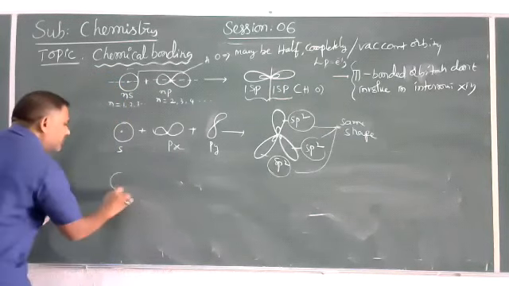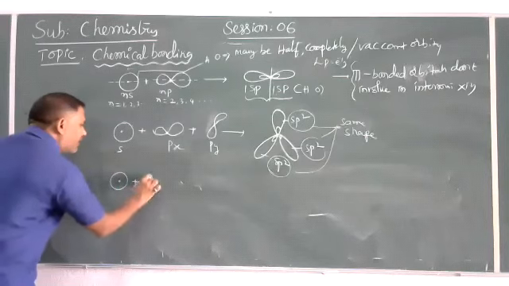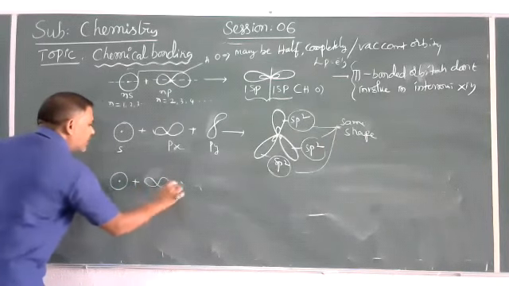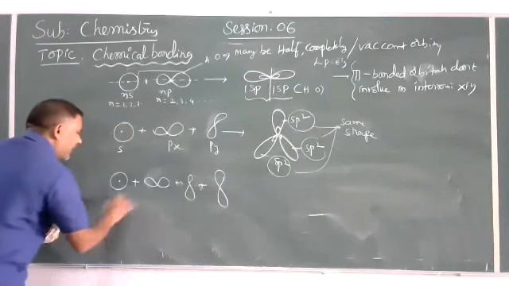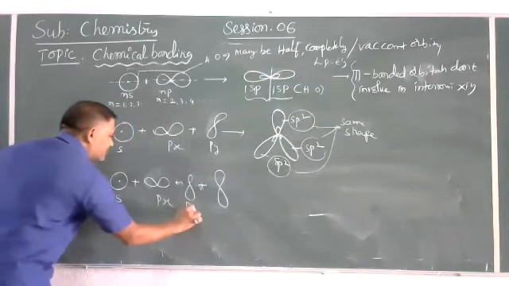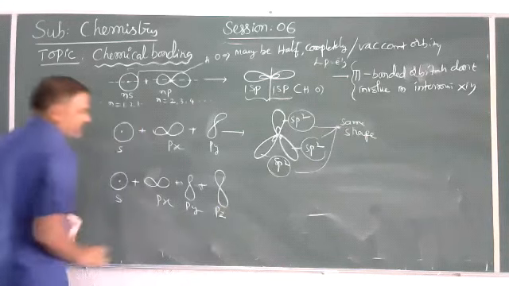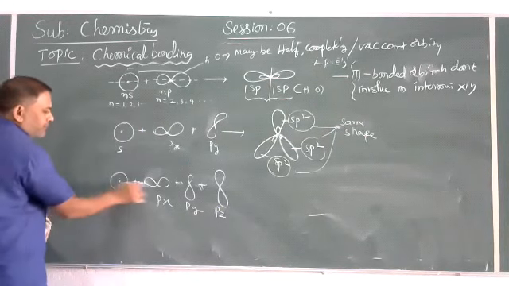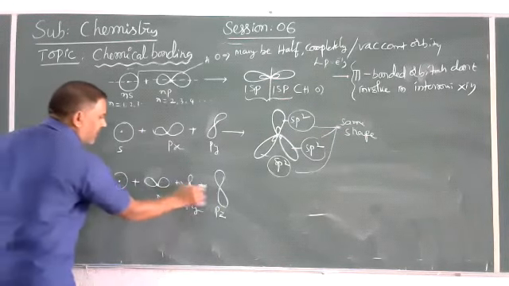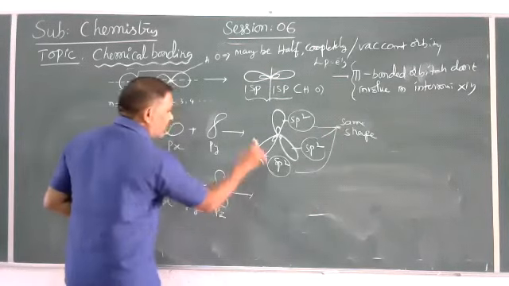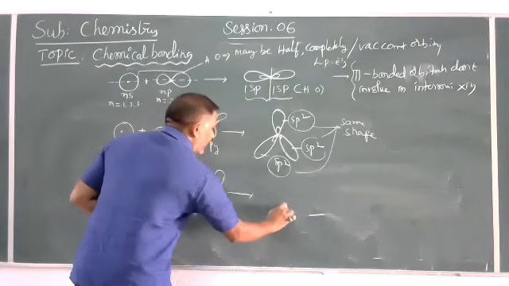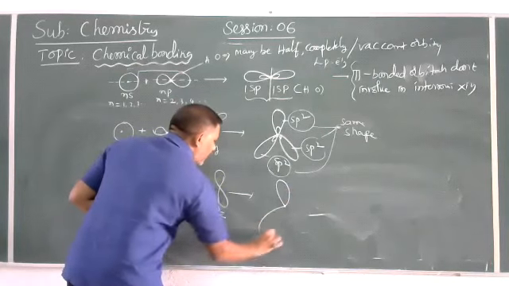If one s orbital and three p orbitals undergo intermixing, here it is s, px, py and pz. Here four separate orbitals, p orbitals and the s orbital, finally give the central atom of an element sp3.